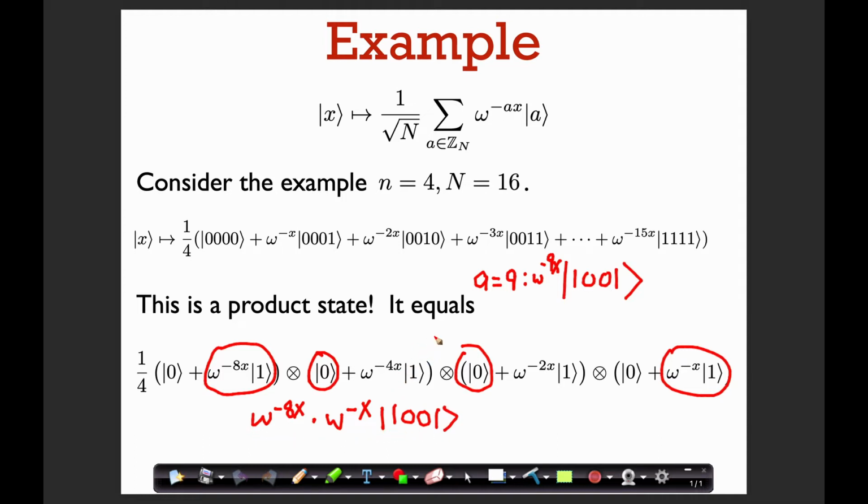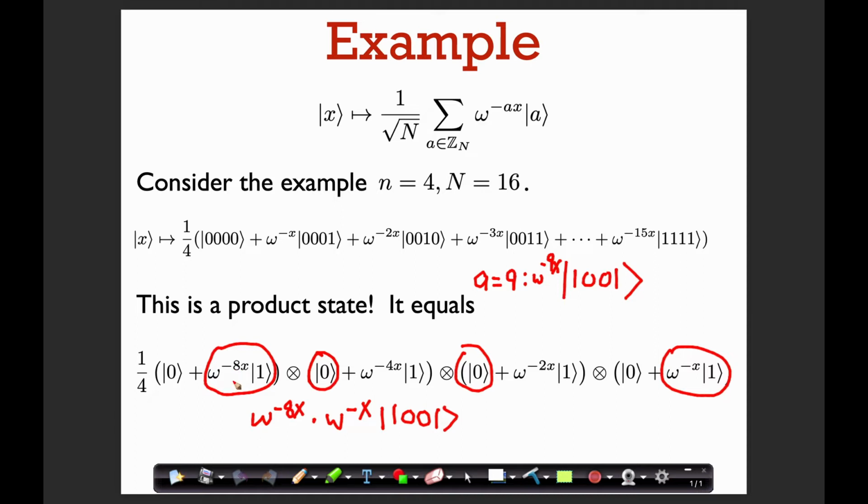And you can kind of see what's happening here. When the corresponding bit of a is 0, then we're not going to pick up any phase. When the ith bit of a is 1, we're going to pick up a phase of omega to the minus 2 to the i times x.